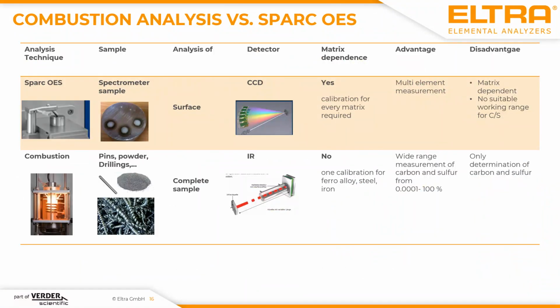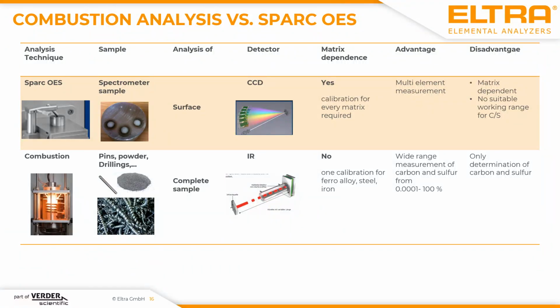For those of you who have maybe a spectrometer in the lab and are currently measuring carbon and sulfur with a so-called spark OES, I will show you the general differences. A spark OES needs a spectrometer sample, and then you always analyze the surface of the sample. This means you do not get deeply into the sample, you're just measuring the surface.